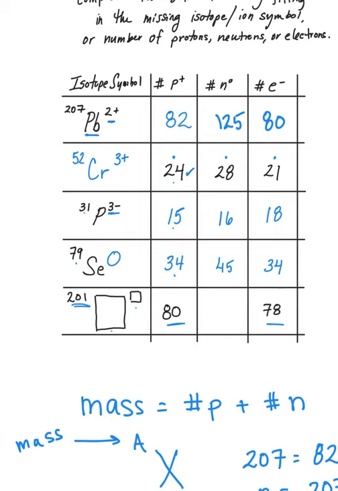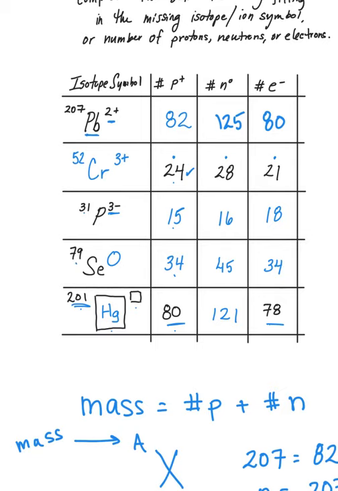Element with atomic number 80 is mercury, symbol Hg. This isotope of mercury has a mass number of 201. We can determine the number of neutrons by subtracting from the mass number the number of protons. 201 minus 80 is 121. There must be 121 neutrons in this isotope of mercury.